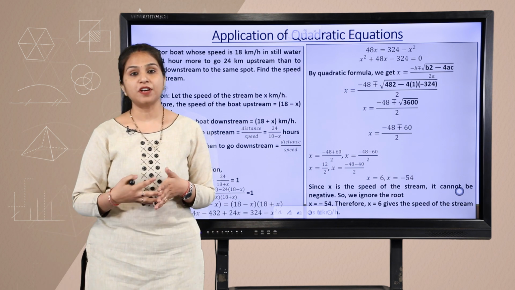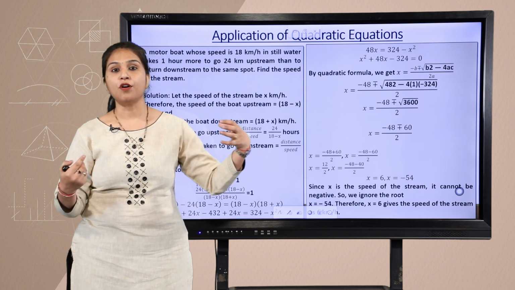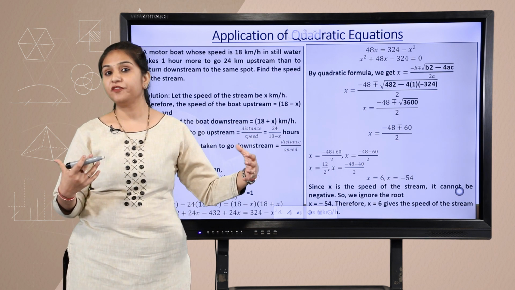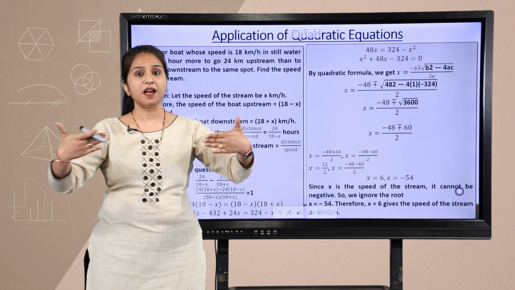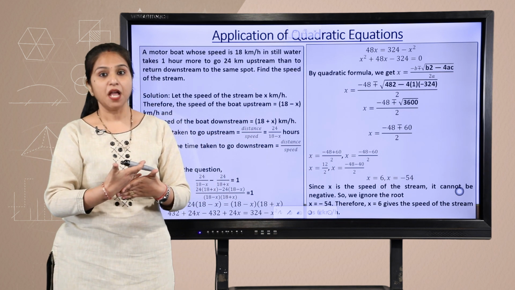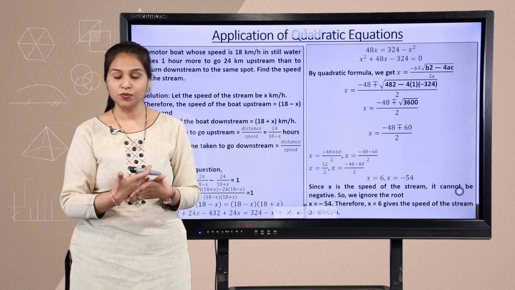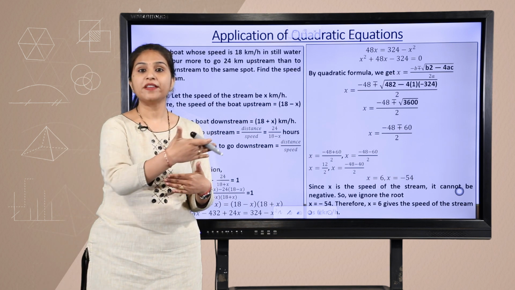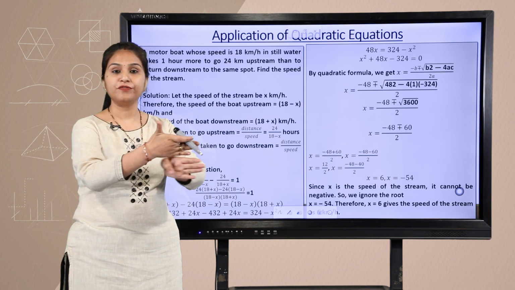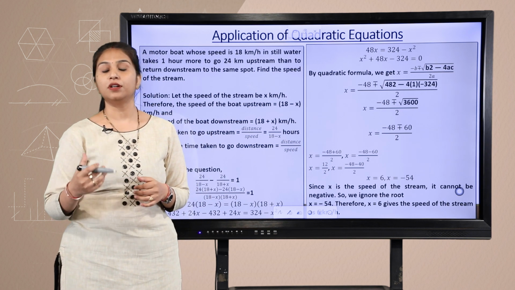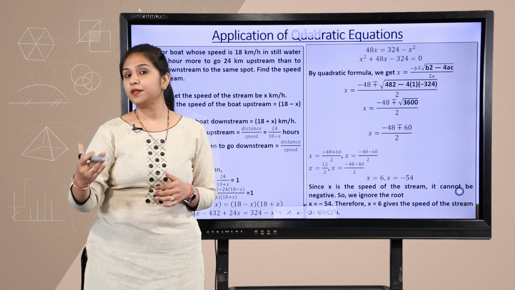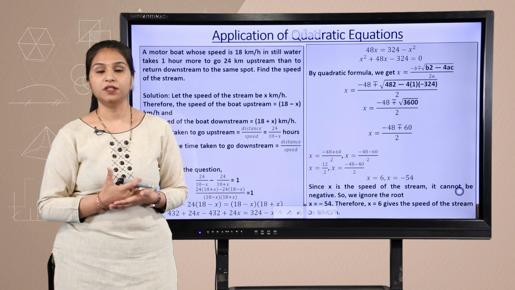So in case of upstream, the speed of the stream will be subtracted from the speed of the boat, because they are in opposite directions. But in case of downstream, since the boat and the flow of the river are in one direction, the speed of the stream is added to the speed of the boat.